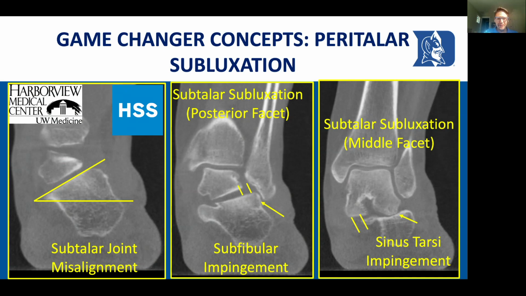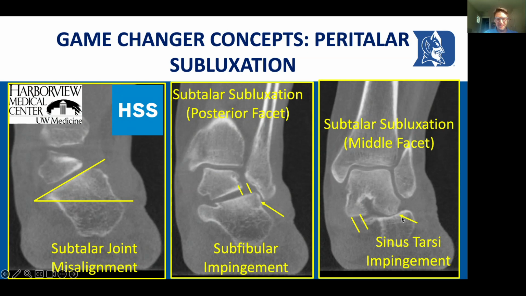The concept of peritalar subluxation is basically the foot subluxing under the talus in PCFD with a malalignment of the subtalar joint, where you could be born with a more inclined valgus subtalar joint, which we are seeing here on the posterior facet. The presence of subtalar joint subluxation can be assessed by looking at the posterior facet here or the middle facet here, as well as indirect signs of peritalar subluxation.